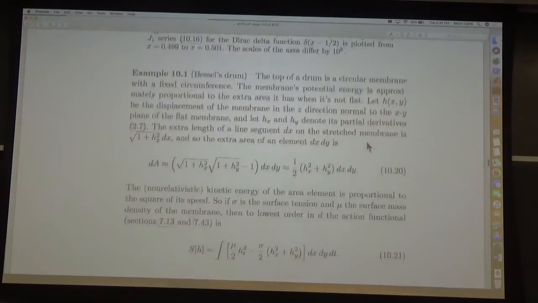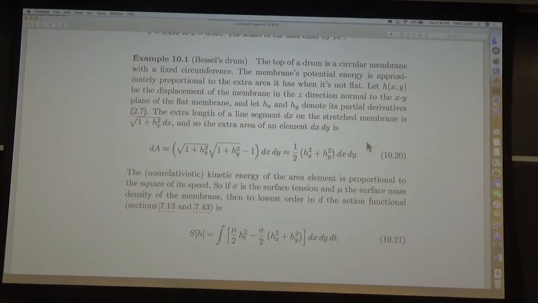So we stopped last time talking about Bessel's drum. It's not really Bessel's drum, but you can apply Bessel functions to the drum, and I imagine that he did.